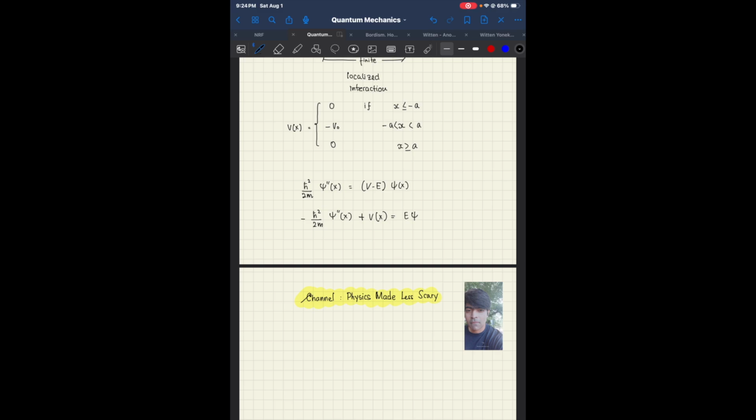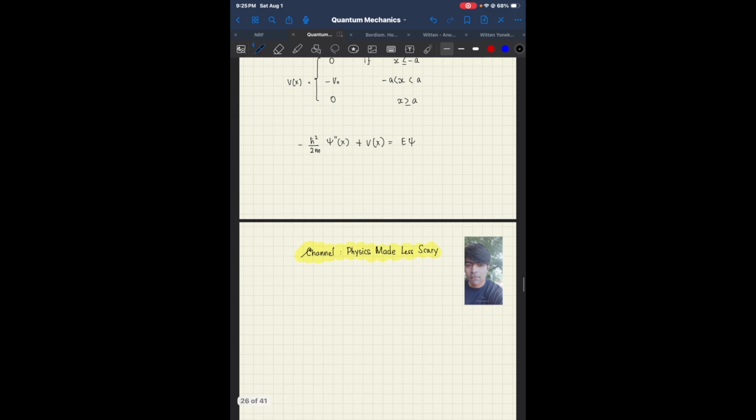So let's start with this one actually. This was your kinetic energy, this was your potential energy V, this was your total energy T plus V, right? This was your Schrodinger equation that we want to solve.